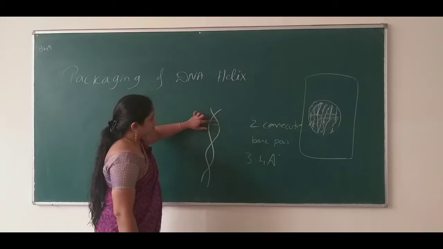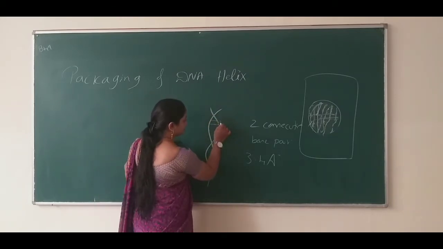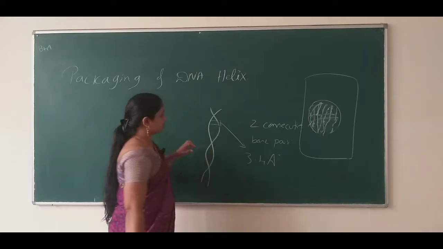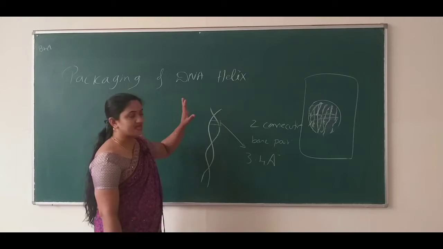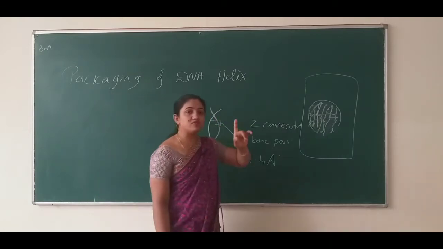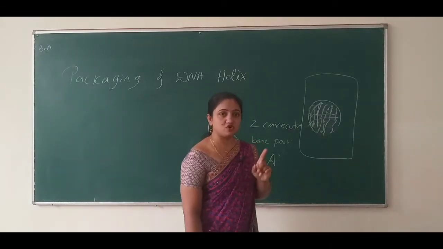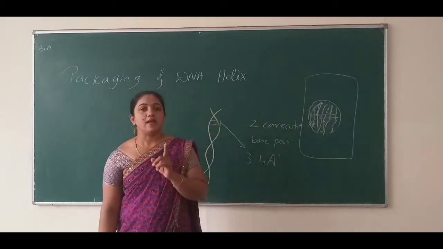Between these two base pairs, what is the distance? The distance is 3.4 angstrom. And how many base pairs are present in the haploid human genome? It is 3 billion.